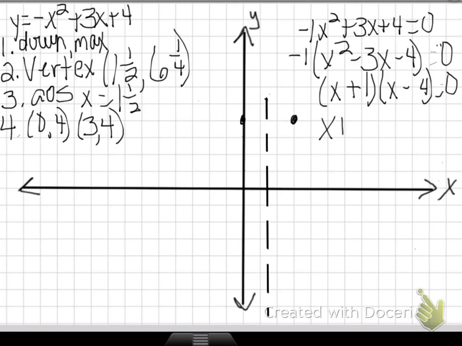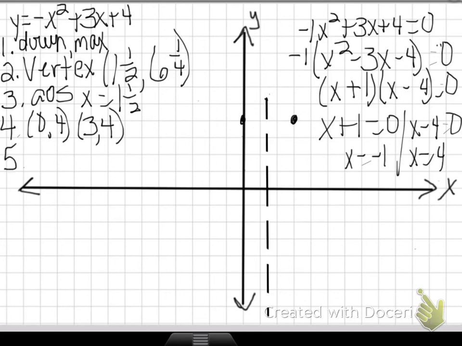Put each factor equal to 0. So x is equal to -1 and x is equal to 4. So I do have x-intercepts. -1, 0 and 4, 0.